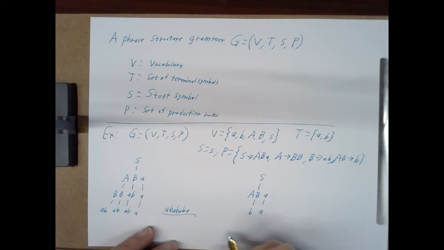And so BA is also a part of our language. But it turns out those are the only 2 strings in this particular language. Okay, but this is a general methodology by which we can specify more or less arbitrary languages.